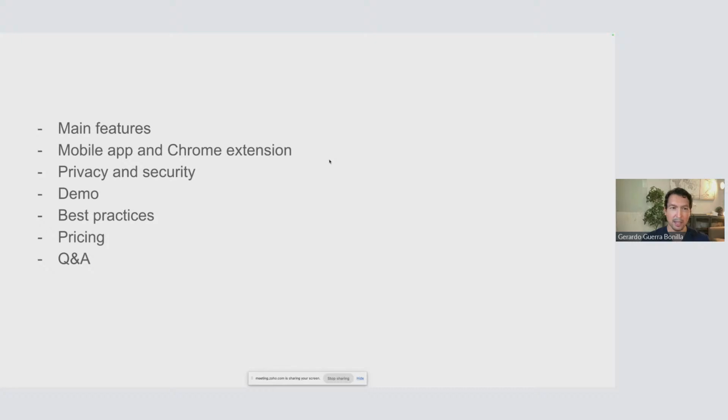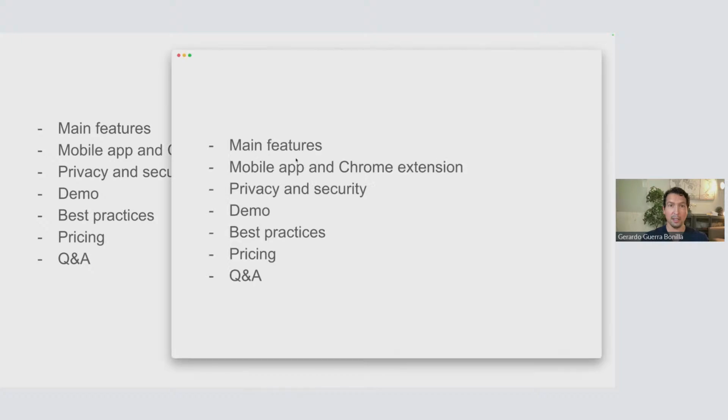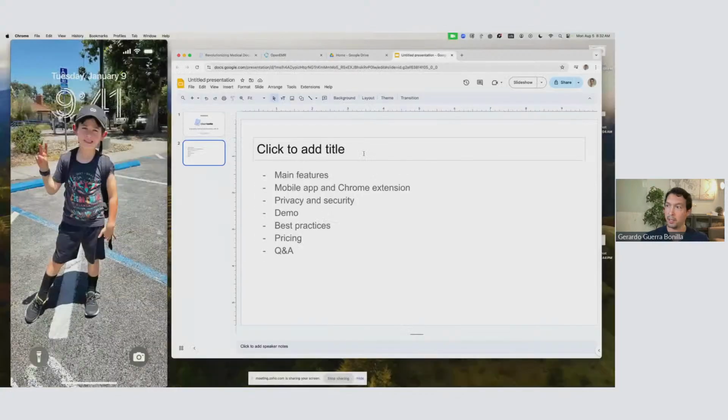This might take about half an hour, and then we can extend it if there are a lot of questions. So you can, at any point, use the Q&A on the webinar, and Austin will be helping with the questions here.